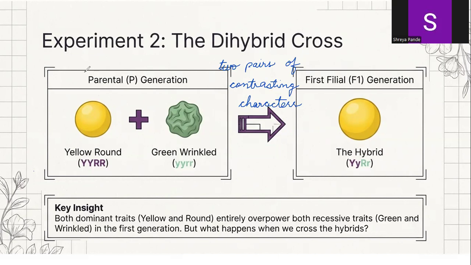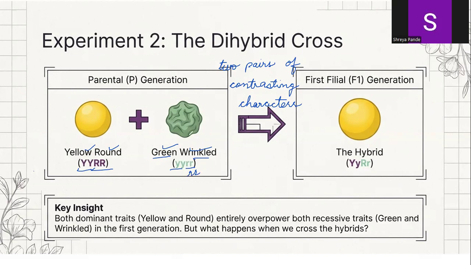Okay, so what are the two pairs that we had taken? That is yellow and round, so capital Y, capital Y, capital R, capital R, and green and wrinkled. These are two of the pairs in which one is the color and another one is the shape. Here also one is the color, another one is the shape. So green is the color, and because it is recessive, here we are taking small y, small y, wrinkled, small r, small r.